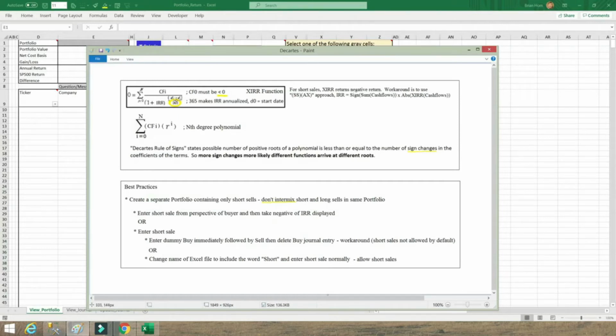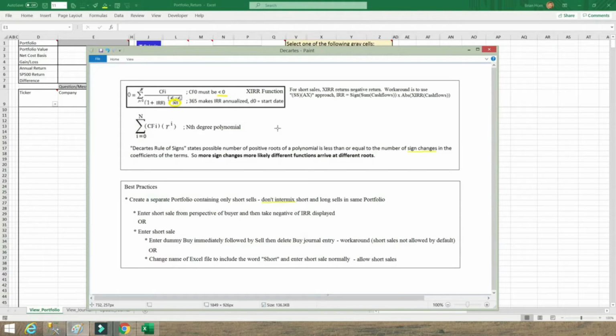And the reason for that is, from a pure mathematical standpoint, the algorithm used by the extended internal rate of return function is essentially an nth degree polynomial, and it just means that there's some coefficient, namely the cash flow, times some factor, which is 1 plus the internal rate of return to some exponent. But to simplify it, it's just simply a coefficient times this factor, as it sums everything up.